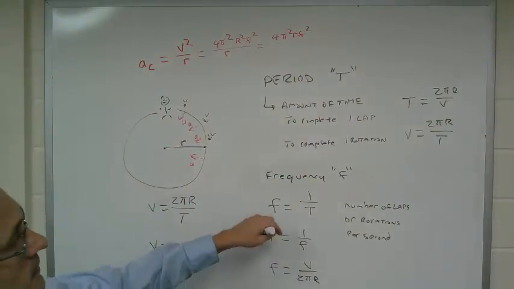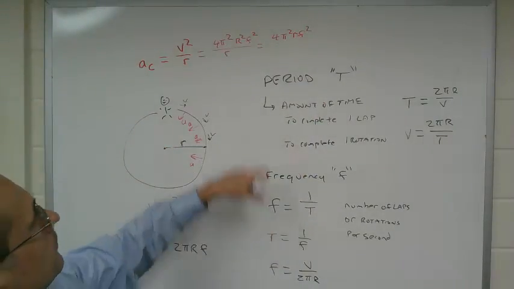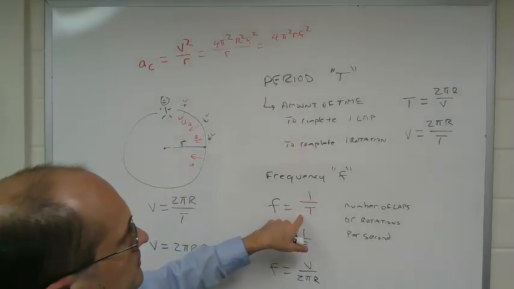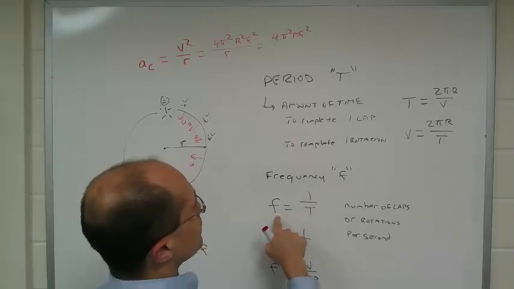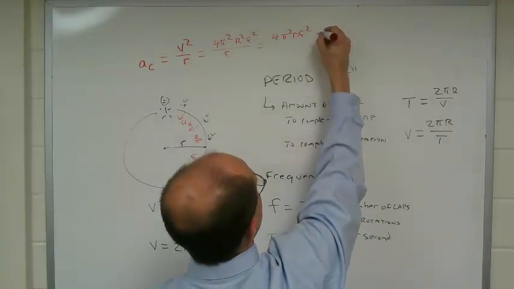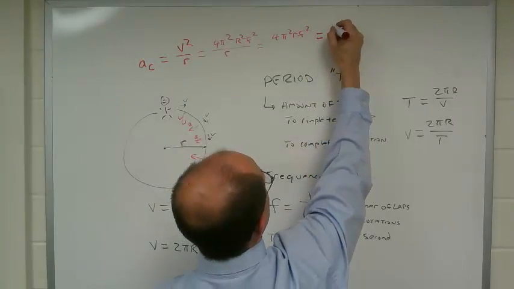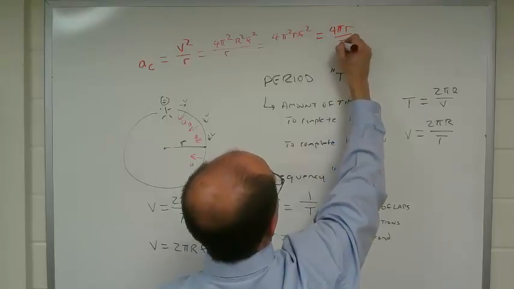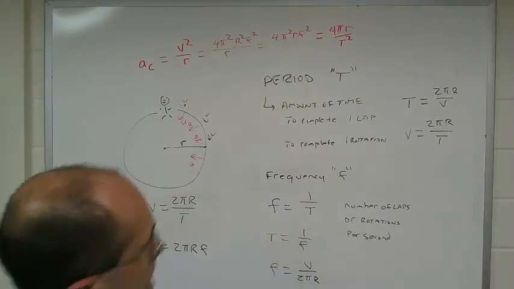That's if we want it in terms of frequency. If we wanted our acceleration in terms of period, we know that frequency is 1 over period, and this allows us to define this as 4 pi squared r over period squared.